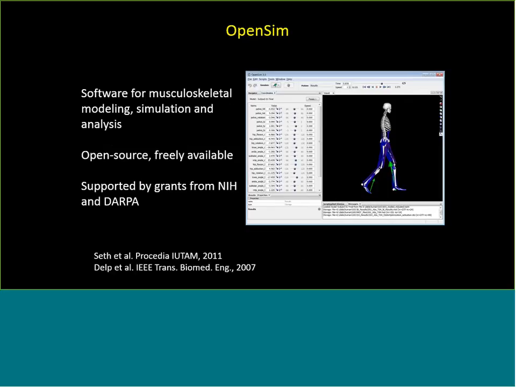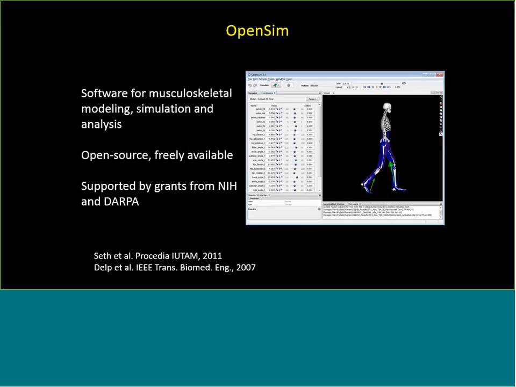Now, I know many people who signed up for the webinar are either beginning OpenSim users or have not used OpenSim before, so I just wanted to take a moment to mention that all of the analyses that we'll be talking about from now until the end have mostly been done in the OpenSim software. So this is a software environment for musculoskeletal modeling, simulation, and analysis.